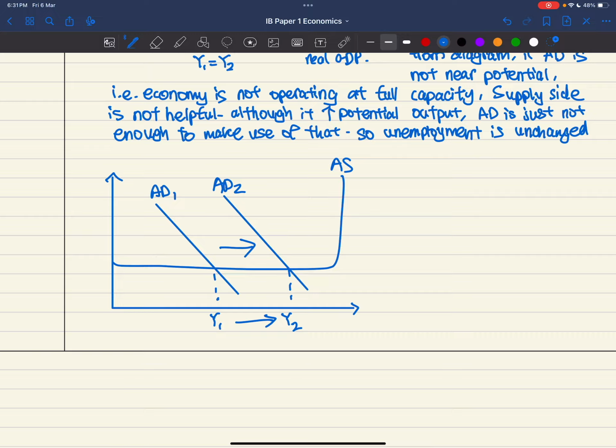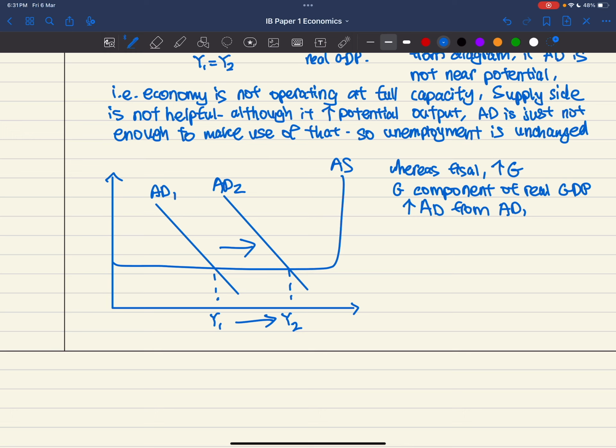Yes, it reduces unemployment. So we can simply say that fiscal policy increases G. What's G? G component. Government spending is a component of real GDP. Increase AD from AD1 to AD2.